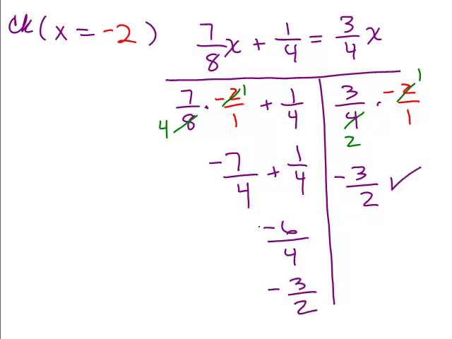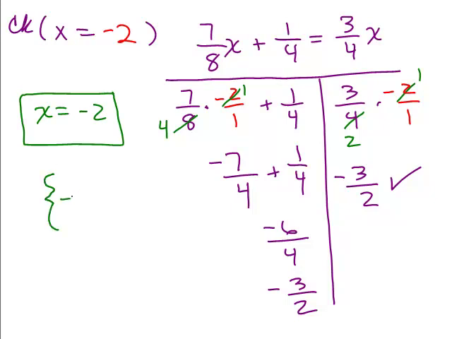So like I've been saying, simplifying with fractions is actually harder than solving an equation that has fractions, because when you solve an equation that has fractions, you can multiply by the least common denominator and eliminate all the fractions before you start solving. So x equals negative 2 is correct. And writing it more formally, using a solution set notation, negative 2 is a solution.